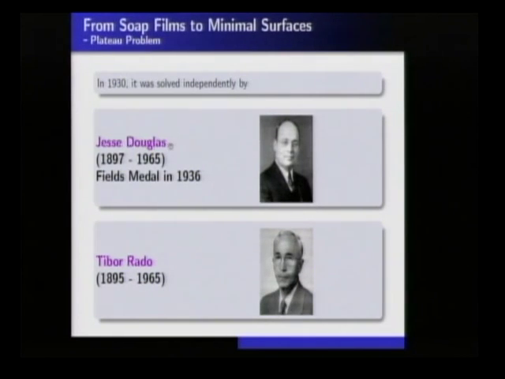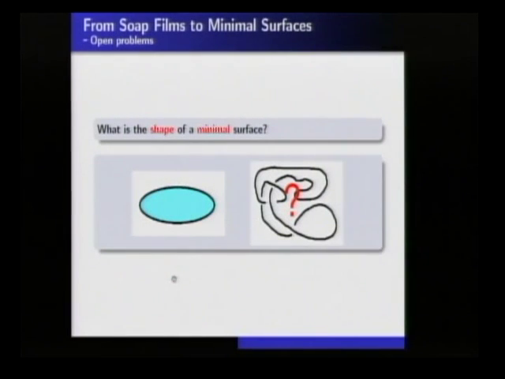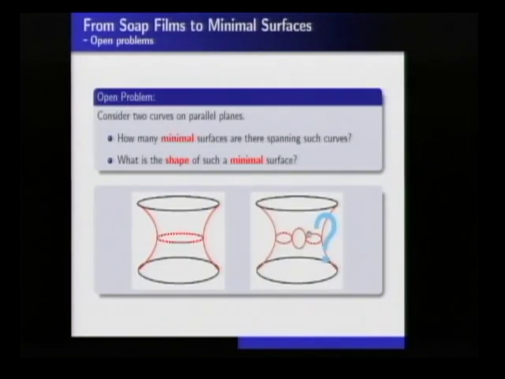And so with respect to finding disks, these two guys solved the problem a long time ago. Our more important question is, what are the shapes? Can we write them all down? Given a curve, can we write down all the possible shapes? Well, when the curve's just a circle in the plane, of course, it's easy to understand. But here's the more complicated question.